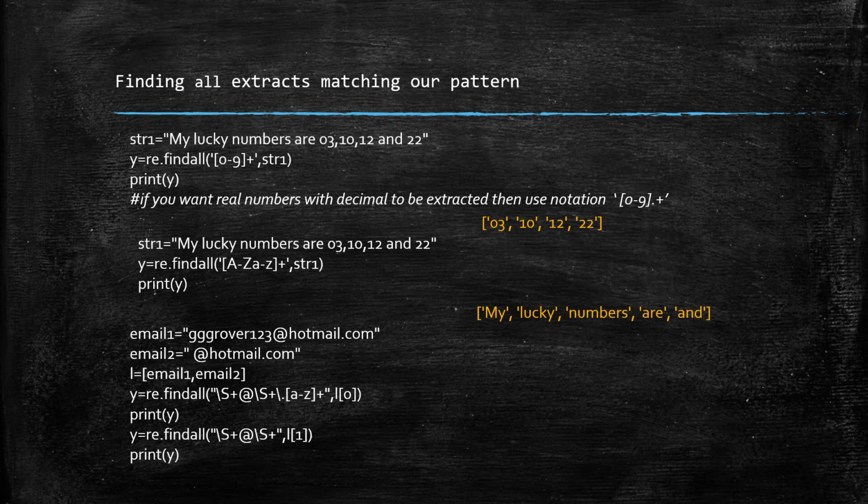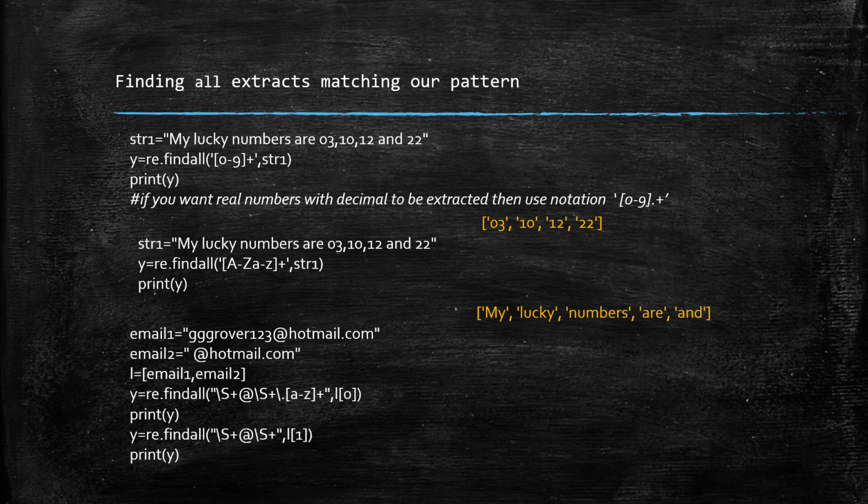Similarly, in the second re.findall, what are we searching? We are searching \S, again capital S, so it's a non-white space character, more than one, so use plus, then @, then again non-white space character, plus means more than one. But this time I am not searching for dot and I am neither searching for any character after dot.